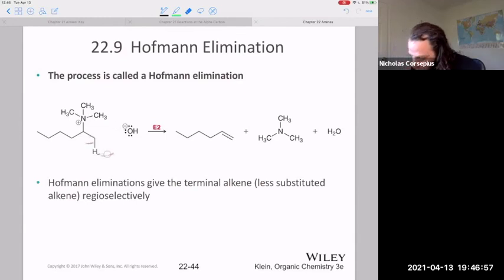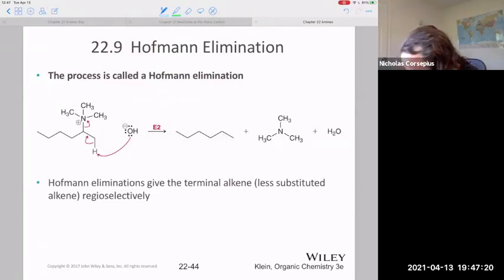And that, of course, has this E2 type elimination, meaning that everything happens in one step. The base grabs the hydrogen, the bond from the hydrogen carbon comes down to form a double bond, and you have your leaving group leave. If you're remembering your E2 reactions, you would say, well, hydroxide's a small base.